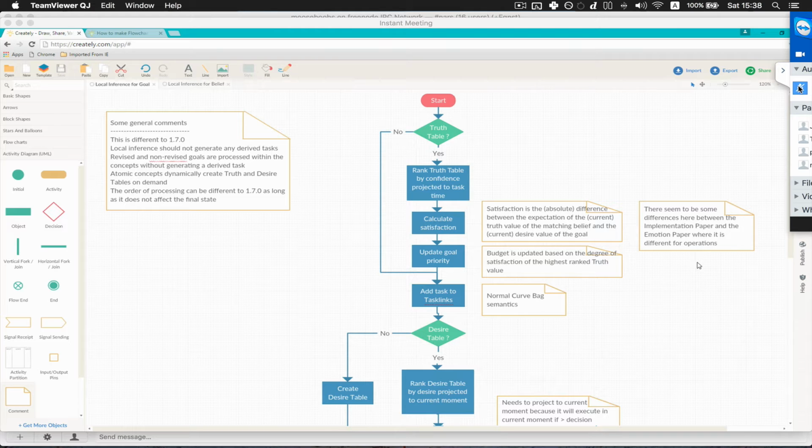But for the belief tables, I'm a bit wondering whether this temporal aspect of referring to tasks which are relevant in the current moment should also be in the belief table, or if it's sufficient to have task forgetting.